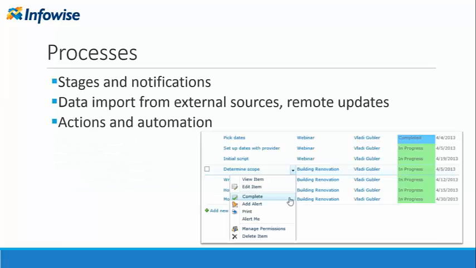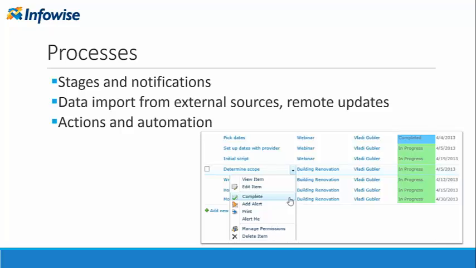Okay, so now let's talk about processes. Processes are, for instance, stages and notifications. We can move a data item between different stages of approval or anything else, and we can notify the next person in line. We can do that, for instance, with the tab permissions that we saw earlier and other technologies that we'll see in a second.